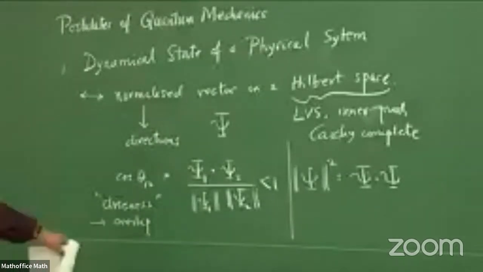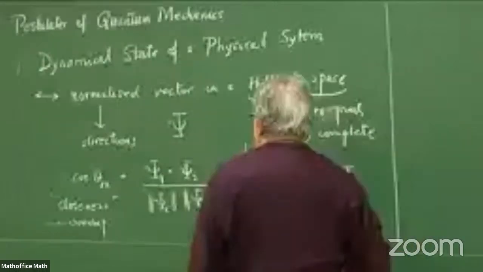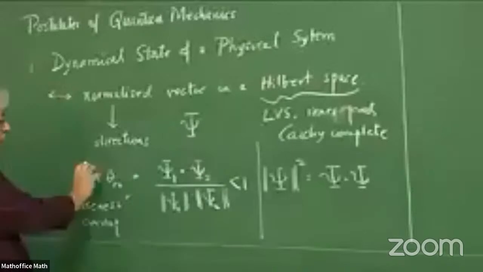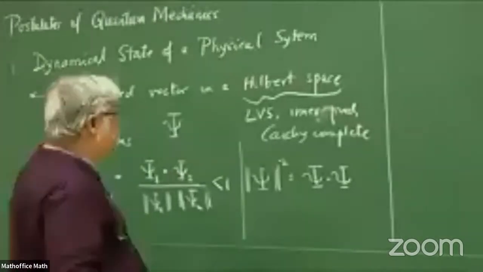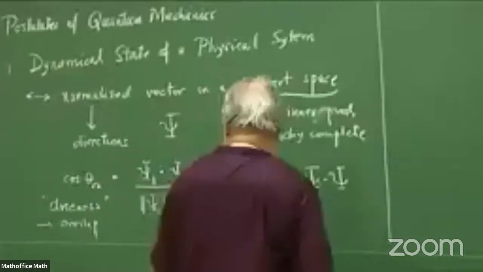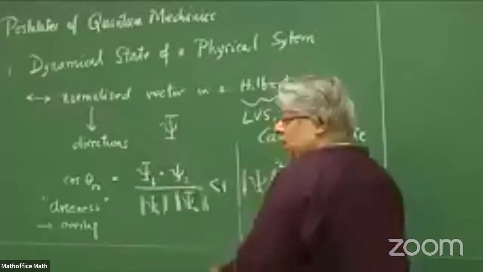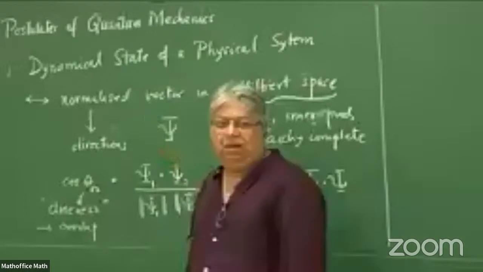So we say that two states which are close to each other have a large overlap, and the smaller this is, the less the overlap. Cos theta is the overlap; cos is large when the overlap is large. Theta is the closeness parameter, not cos.